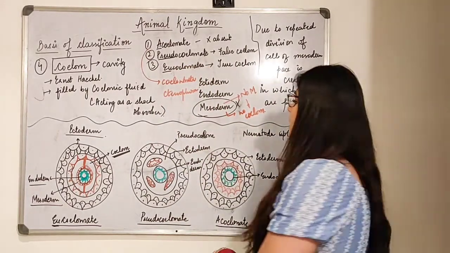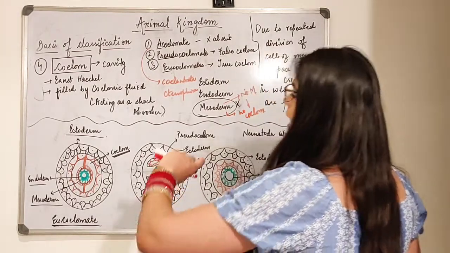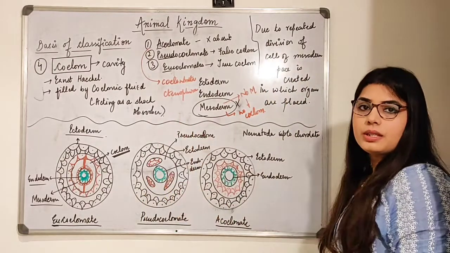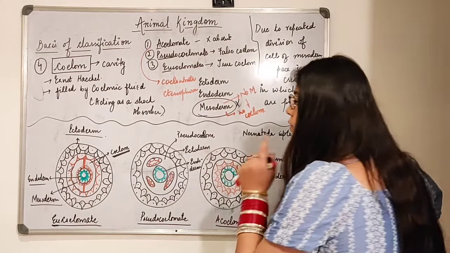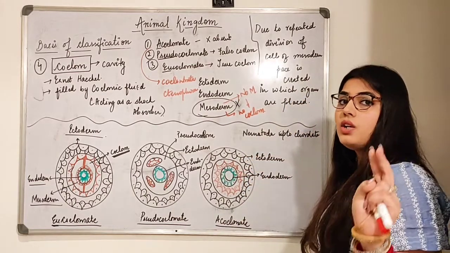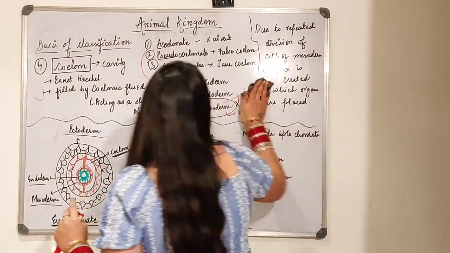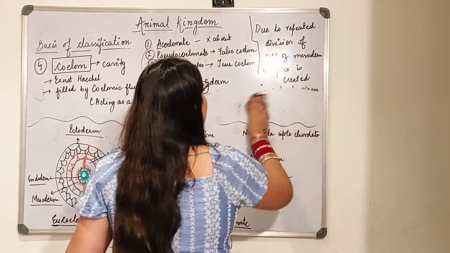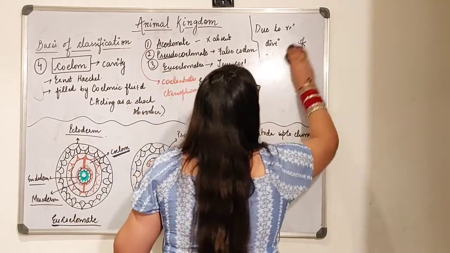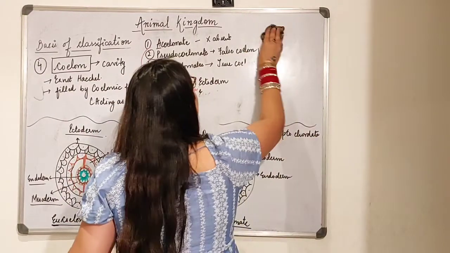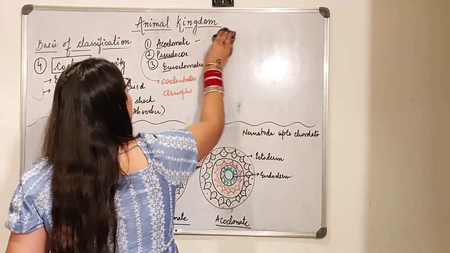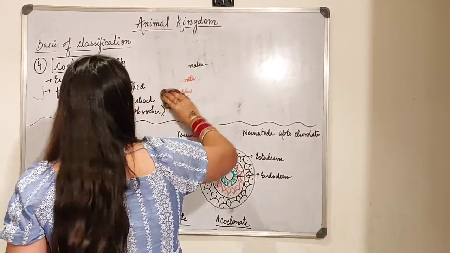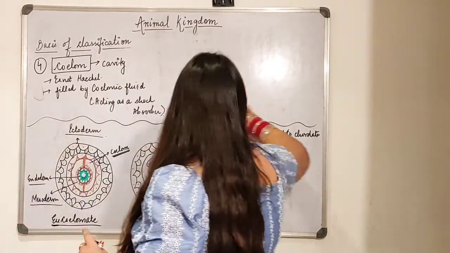Now what happens, beta? In eucoelomates, a complete coelom formation takes place, but this coelom formation is done in two ways. Okay, I am just erasing this. Note down all the points carefully, beta.